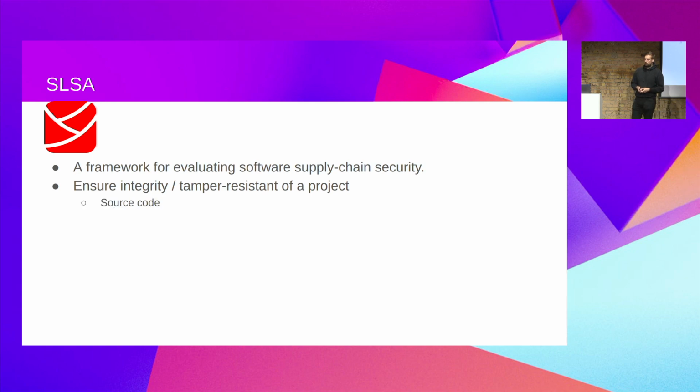And when we talk about tamper resistance at a high level, we talk about tamper resistance of the source code, that it's properly configured and you can't compromise the platform itself and the source repository itself, or make malicious code commits.